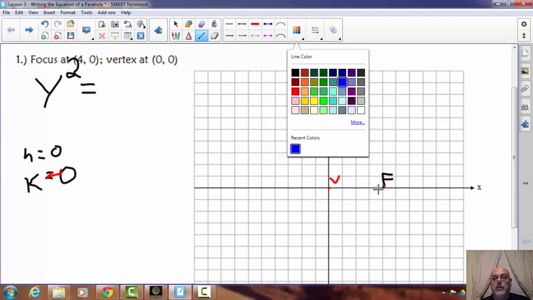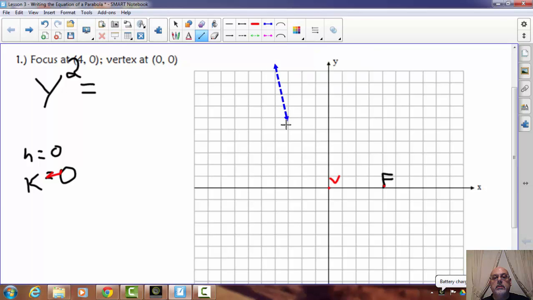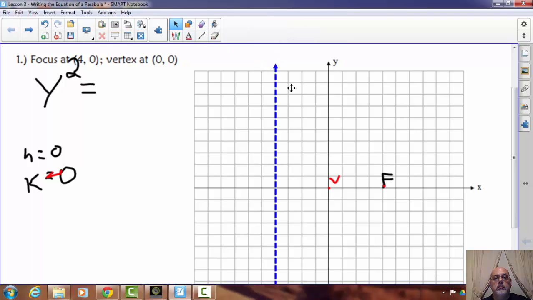We're 4 to the right, so we're going to go 4 to the left, and this will be our directrix. Okay, so there's the directrix.